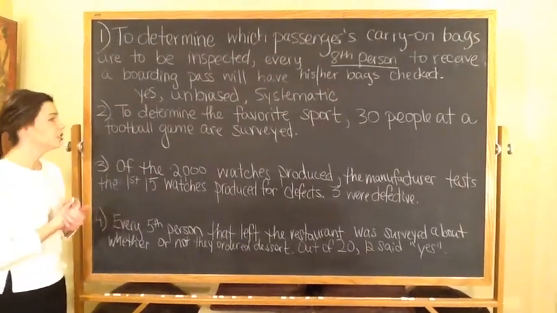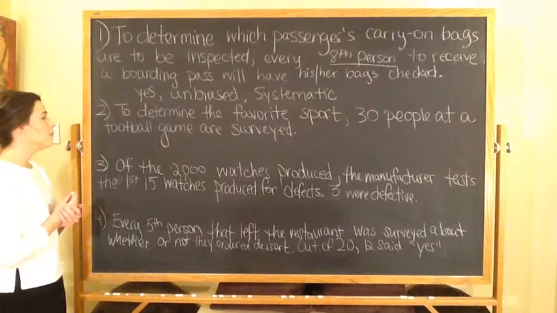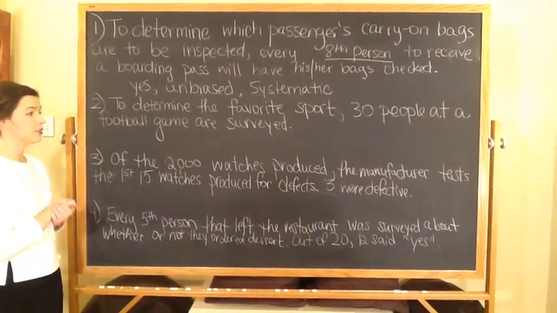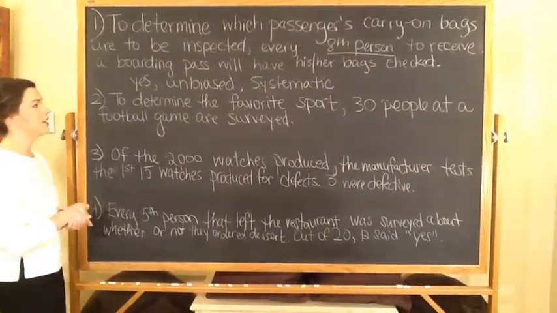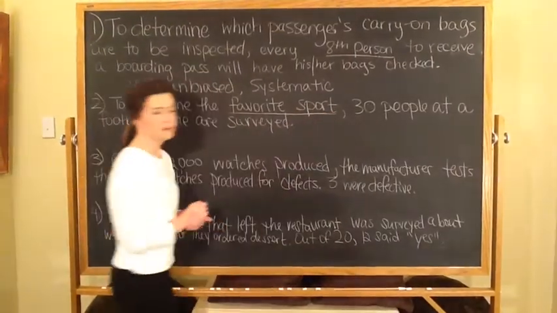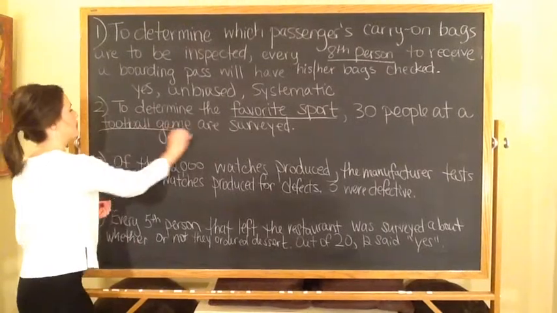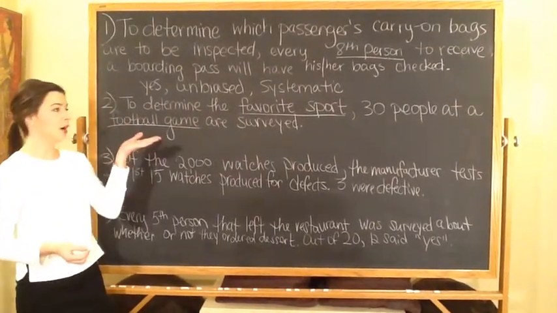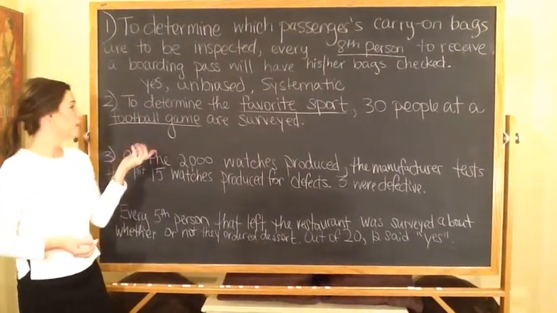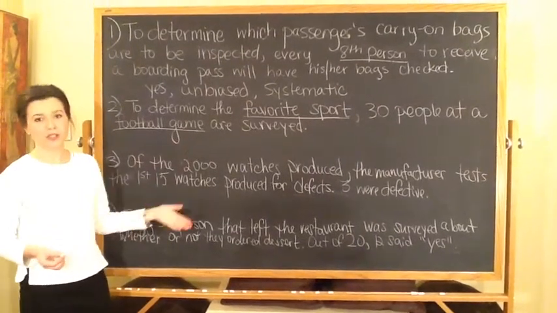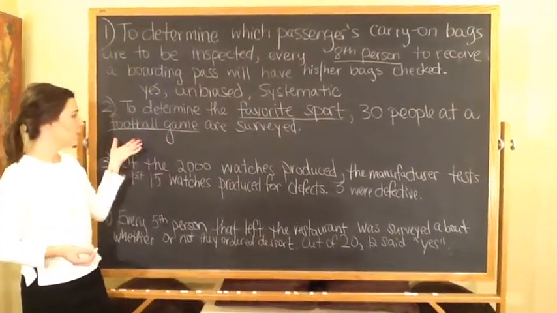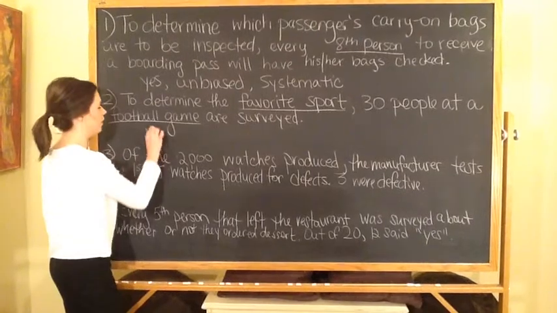Number 2, it says to determine the favorite sport, 30 people at a football game are surveyed. First of all, we're looking for the favorite sport, and we're surveying 30 random people at a football game. Maybe the 30 people are random, but we're talking about a football game. So what sport do you think is going to be their favorite? Football? So to me, this is not valid at all.